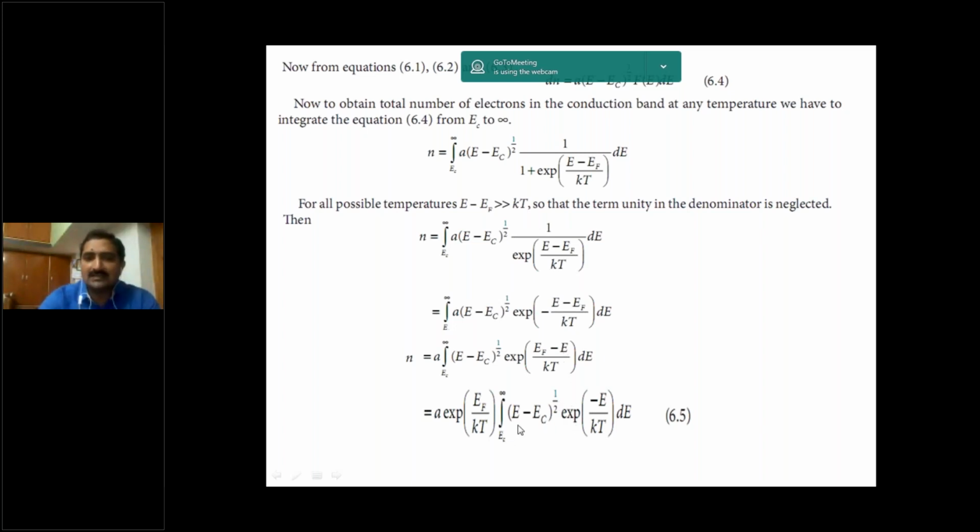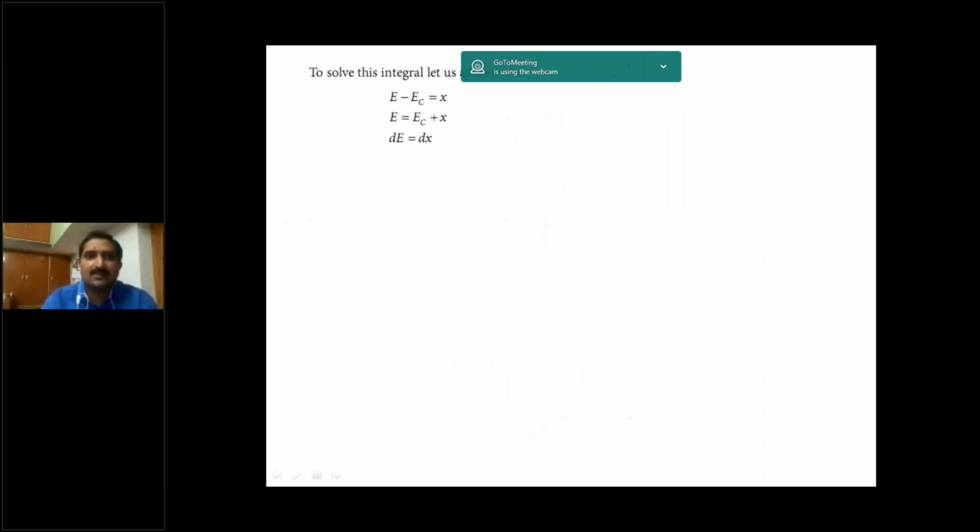To integrate this, let us consider E minus EC as x. To solve the integral, E minus EC is equal to x, so E is equal to EC plus x. By differentiating, dE is equal to dx, since EC is constant. I already told that EC, EV, EF are constant and E is variable.